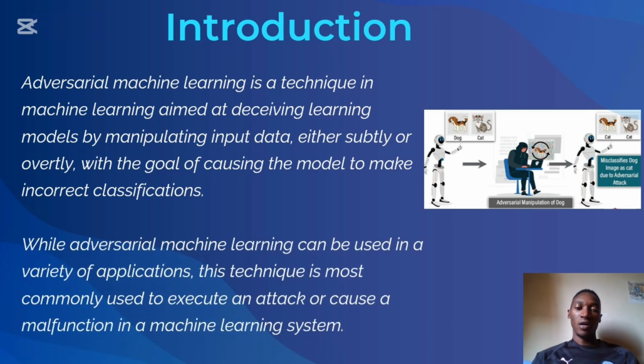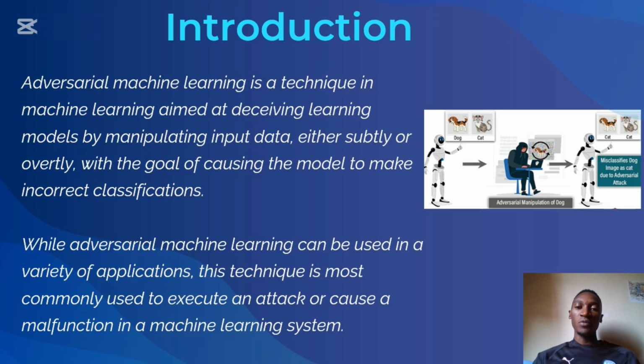As machine learning is used in a variety of applications, it also has advantages and disadvantages. One of the advantages is that it is used by machine learning engineers to find vulnerabilities within a machine learning model, which are then fixed before attackers exploit them.